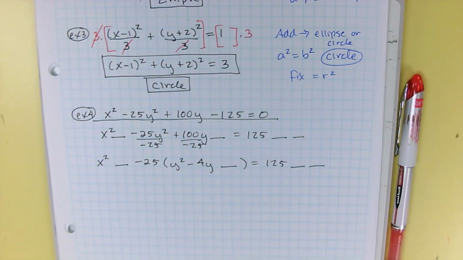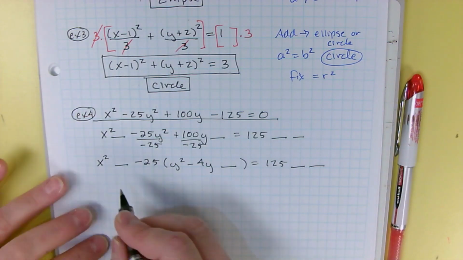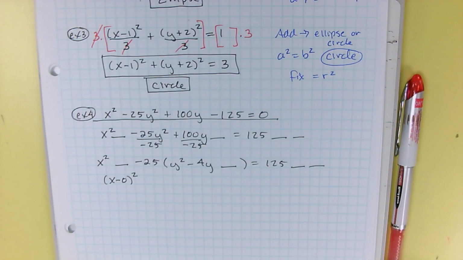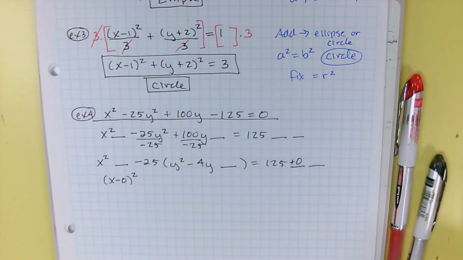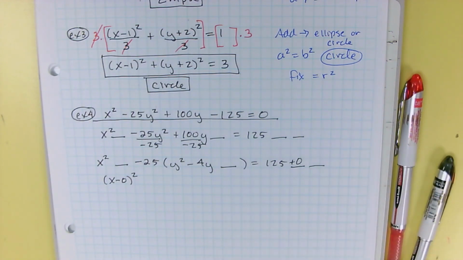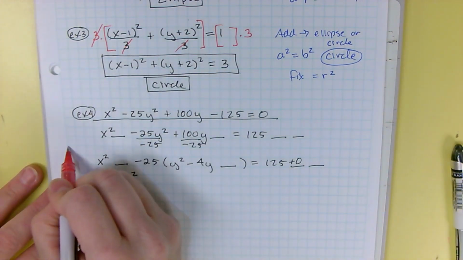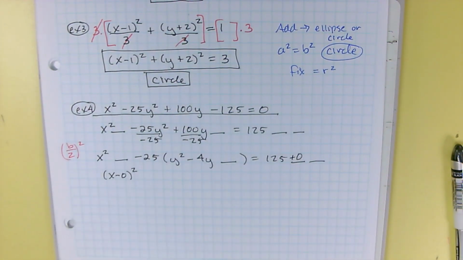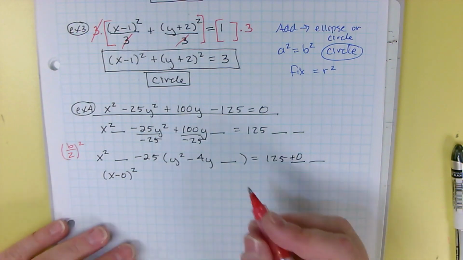All right, so to complete this square, if you have an x squared, but you don't have an x term, then it's actually just like (x minus 0) squared. It's a 0 coordinate, which means, of course, we add 0 to balance it. For the y's, negative 4 divided by, remember your magic formula, (b divided by 2) squared. Negative 4 divided by 2 is negative 2, squared is 4.